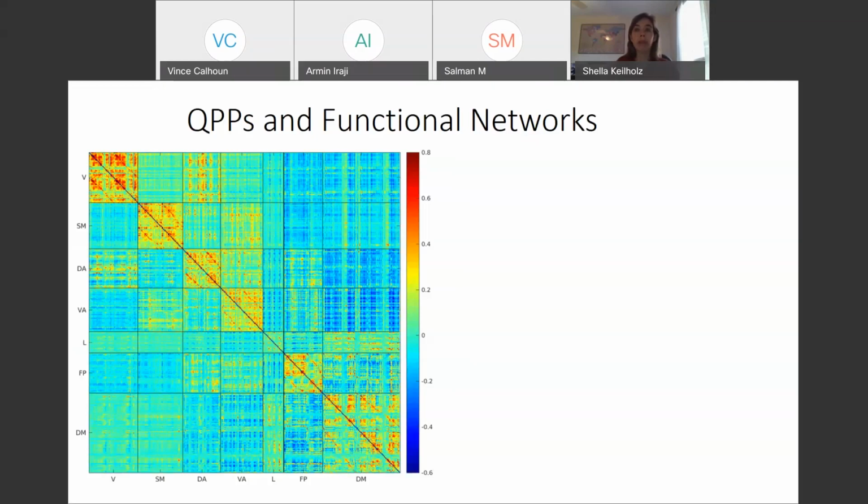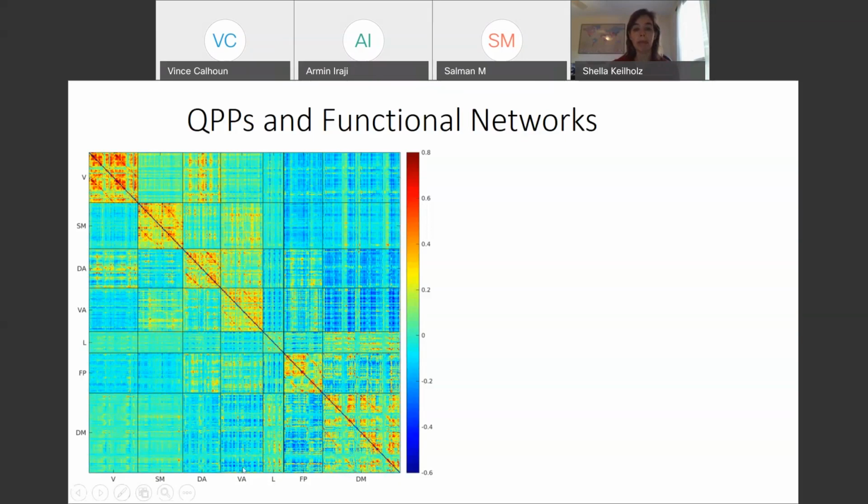So I said that I wondered about how functional networks relate to these QPPs. So if you make a standard functional connectivity matrix, and here I think this is the Schaefer parcellation sorted into the networks as described by Thomas Yeo.